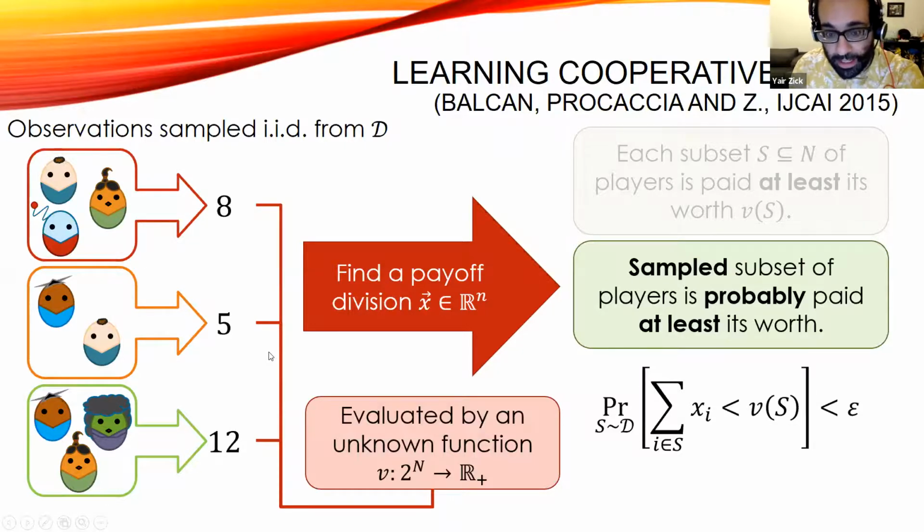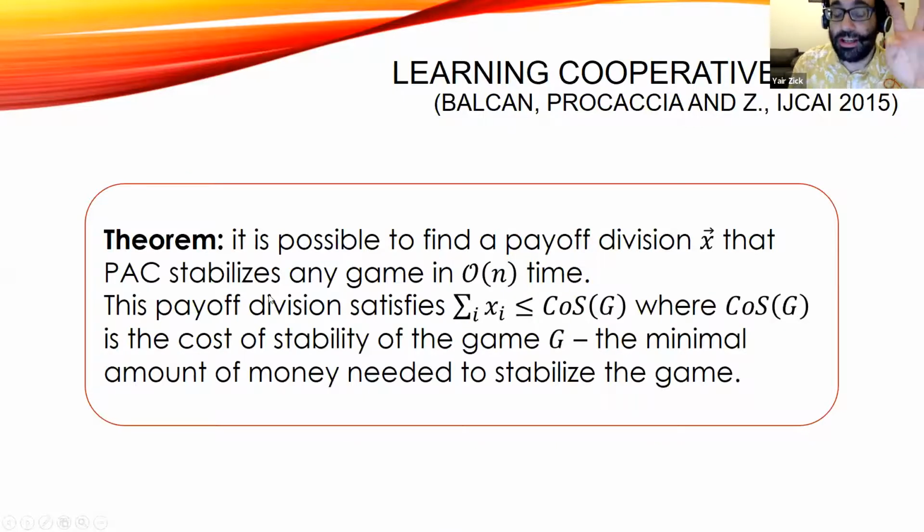And what we actually got is a piece of really good news. The theorem we have is this. It is possible to find a payoff division x in polynomial time, and actually using, I'm slightly lying here, it's a conceptual typo, it's actually using O of n samples.